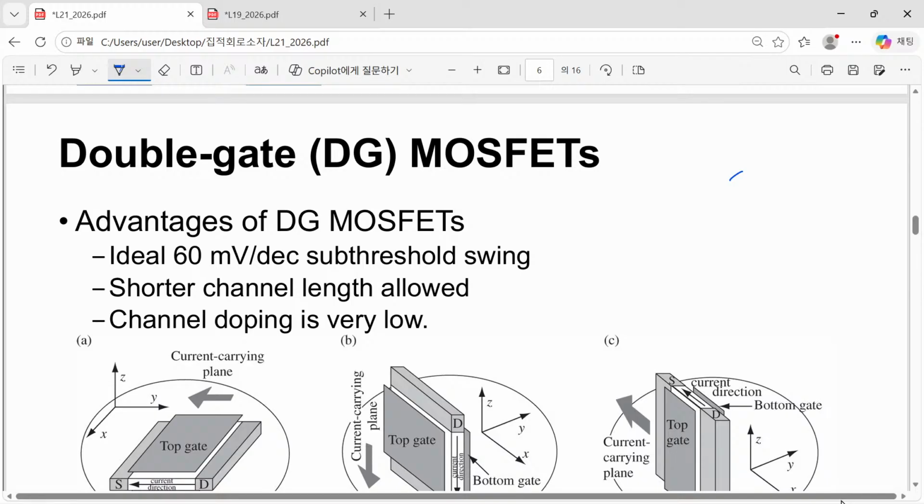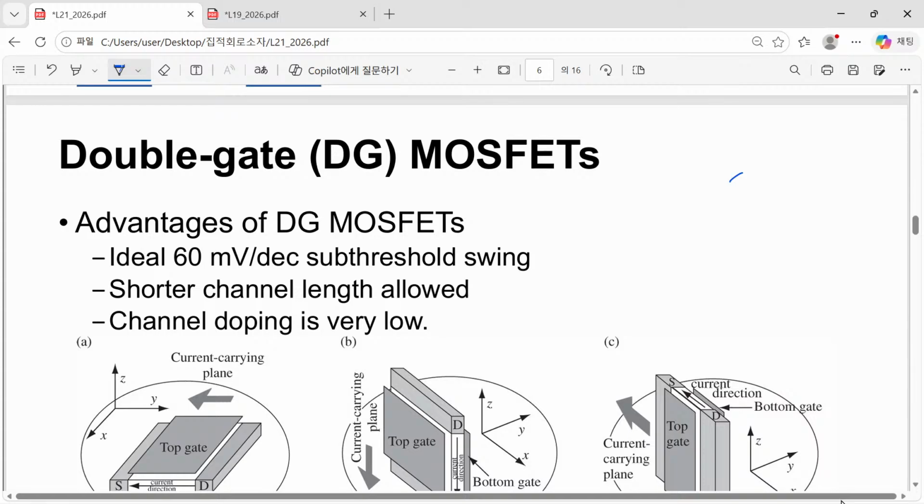Although we have spent quite a lot of time talking about the planar MOSFET, planar MOSFET is not for the state-of-the-art devices. If you are working with the state-of-the-art devices, then you have to consider so-called multi-gate MOSFETs. So from now on, I will talk about their properties.